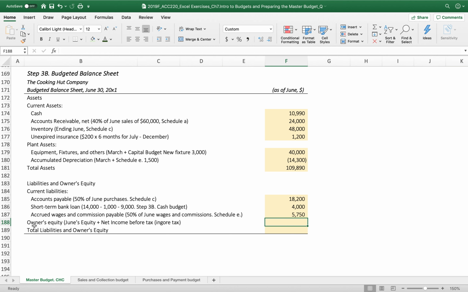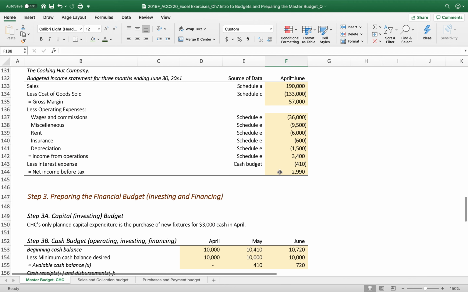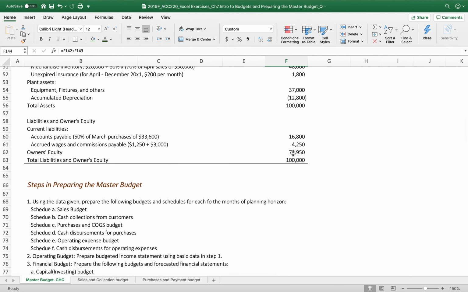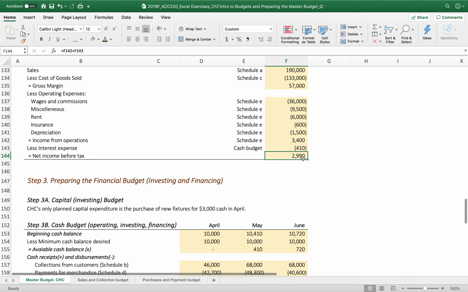And then the owner's equity is March's equity plus net income before tax for 3 months. One of the reasons we calculated this budgeted income statement is to come up with net income before tax, which is to be accumulated into this owner's equity, right? So again, the owner's equity includes the retained earnings. Retained earnings accumulate all the net income. So 78,950 should be summed up with this 2,990.